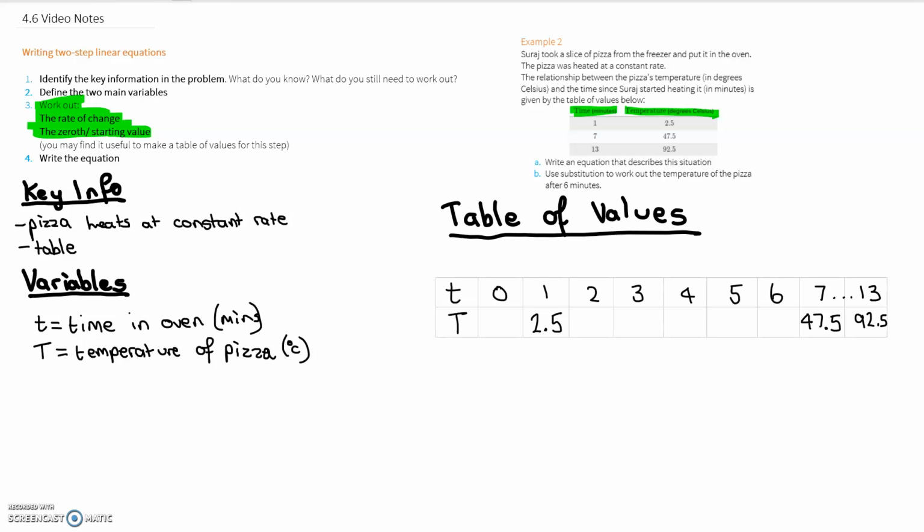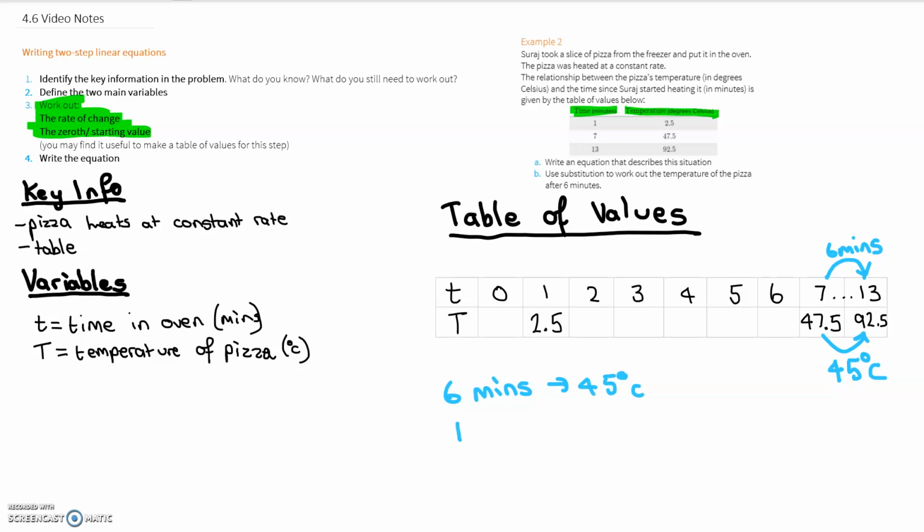Because we know that between 7 and 13, there were 6 minutes. And we know that between those two times, if we subtract 47.5 from 92.5, we know that that went up by 45 degrees. So that means in 6 minutes, we gained 45 degrees Celsius.